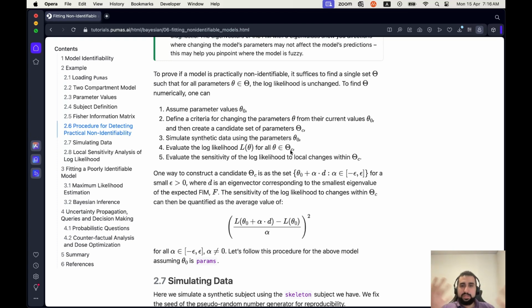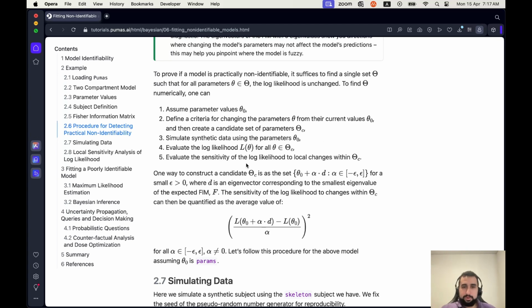And then for all of these parameter values in this candidate set, we will evaluate the log likelihood. Next, we will evaluate the sensitivity of the log likelihood to changes within theta C. What that means is, what happens if I go from one set of values for the parameters to another set of values in theta C? Moving around in theta C, how sensitive is the log likelihood to those changes?